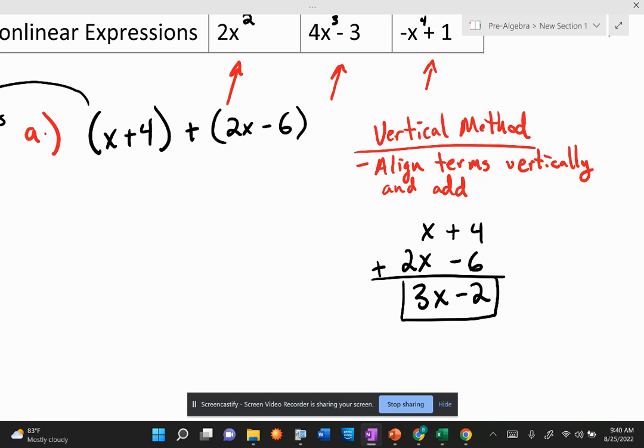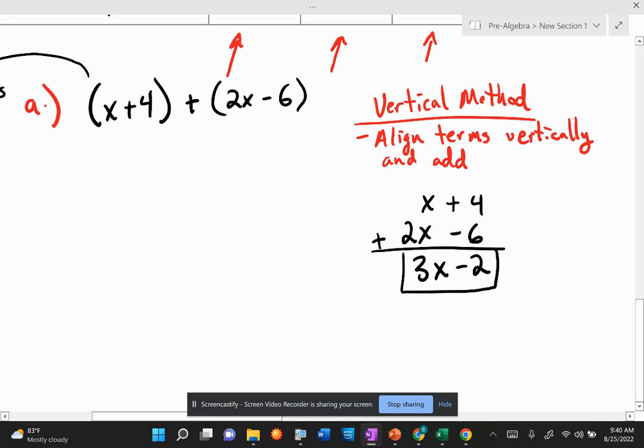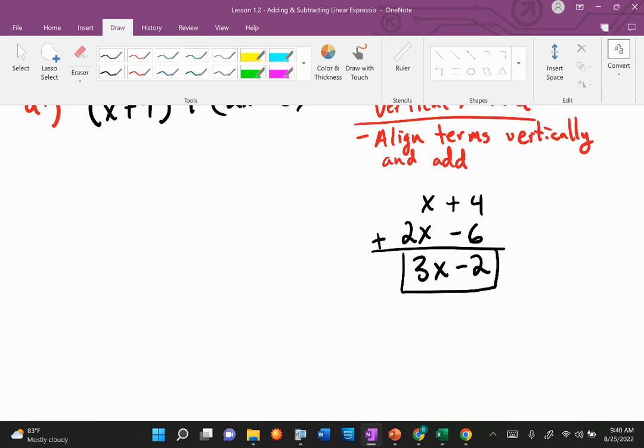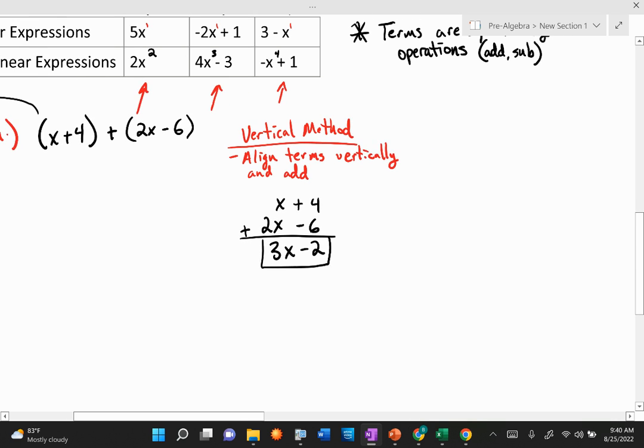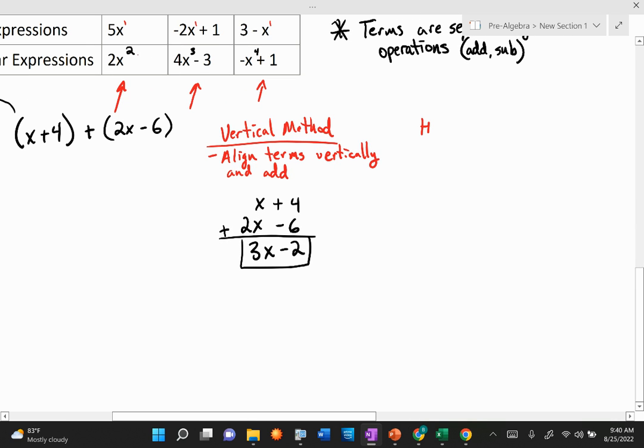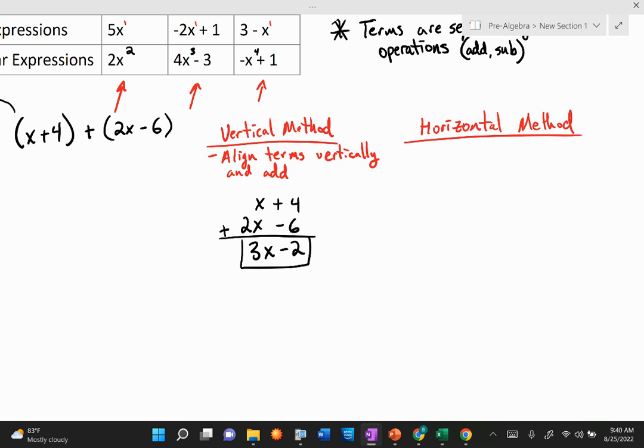Okay, that's kind of the way that I see it. I am going to write everything out, but at this point, I guess I'm just talking. So this is vertical method, okay? So let's look at the horizontal method for the same problem.